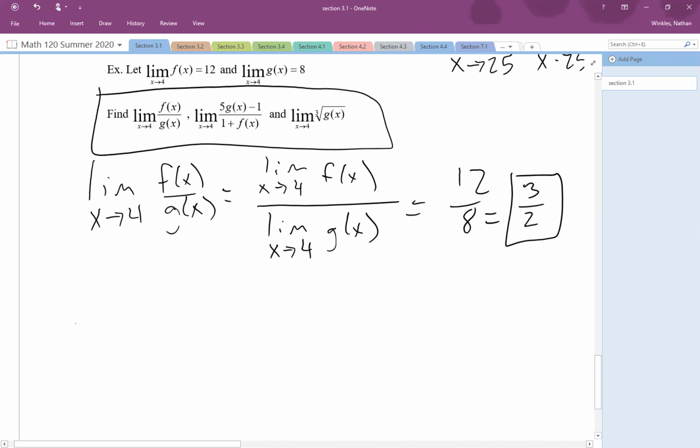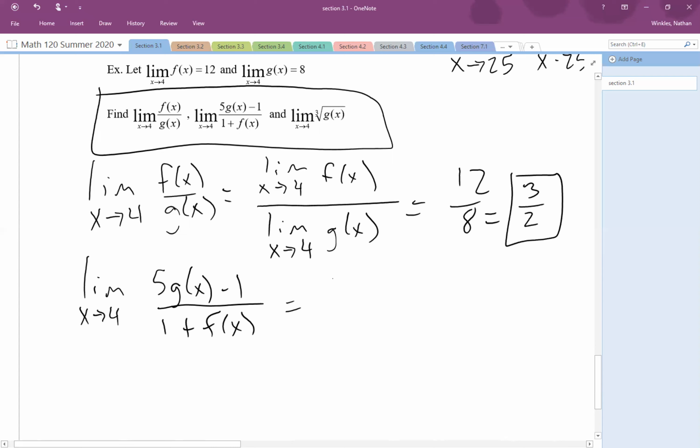Next, we could have the limit as x goes to 4 of 5 times g of x minus 1 over 1 plus f of x. Easiest way to do this is to plug in.